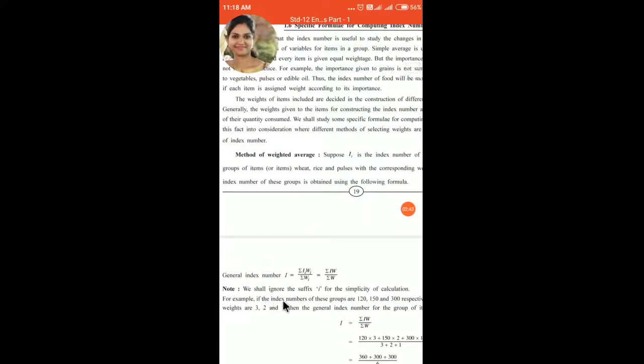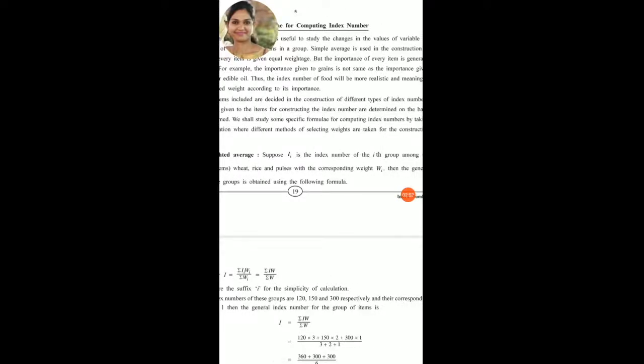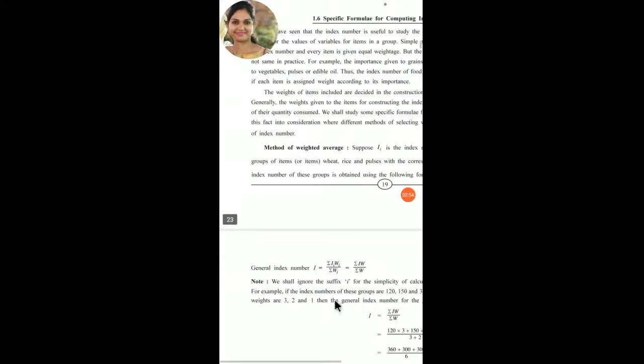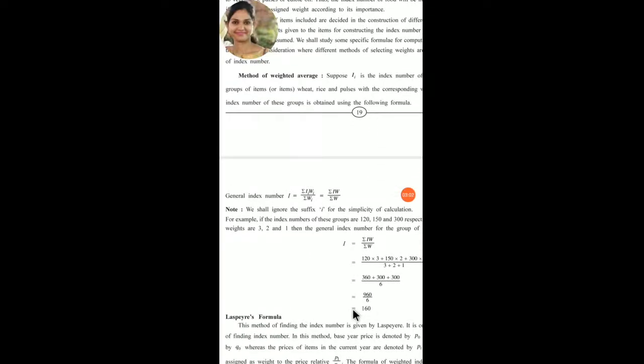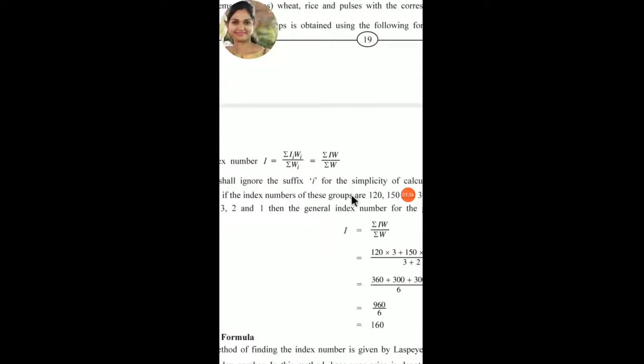For example, if the index numbers of these groups are 120, 150 and 300 respectively, and their corresponding weights are 3, 2 and 1, then what is the general index number? The general index number of a group, it means the weighted index number. I is equal to sigma IW upon sigma W.